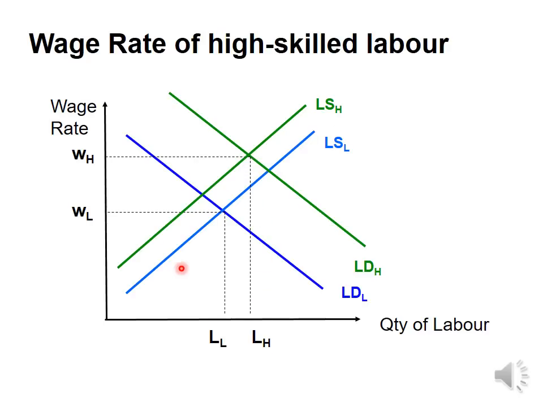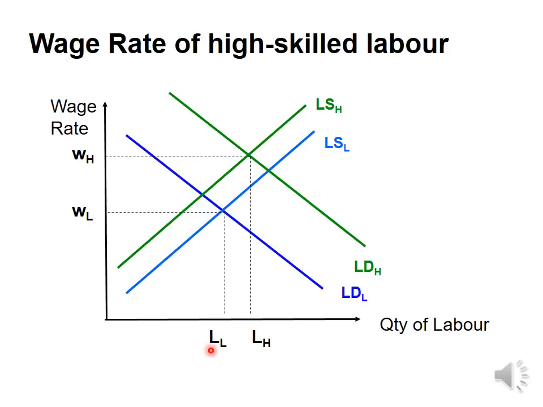Now, if you draw the supply of low skilled workers more, you shift it to the right, the equilibrium quantity will maybe be higher than the high skilled workers. So this quantity is not very important. It doesn't matter whether your high skilled equilibrium quantity ends up higher or lower than your low skilled equilibrium quantity.